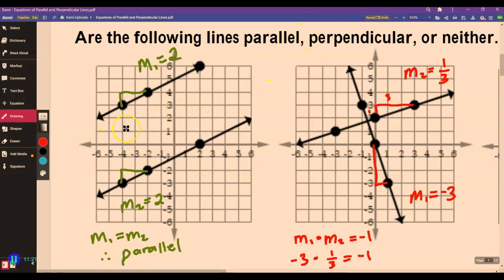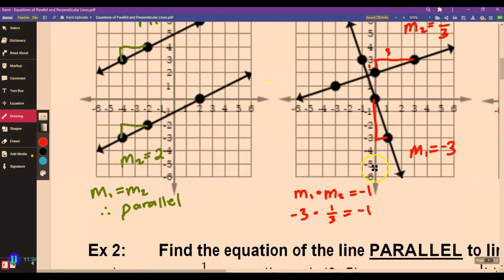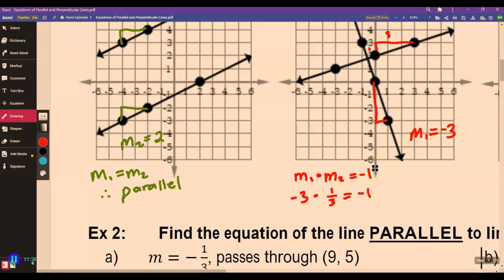Yep, negative 1 is the definition. So clearly 3 cancels out with 3, and we're left with negative 1. So yes. Therefore, perpendicular.